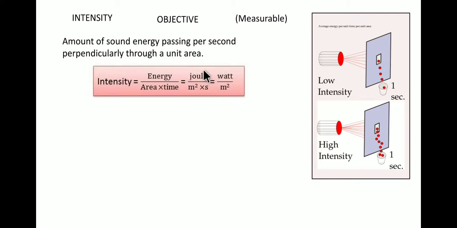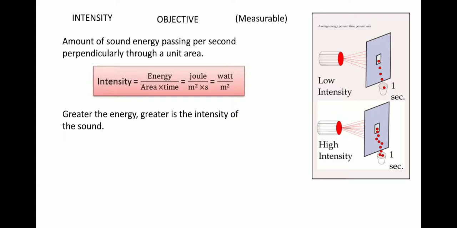Now we know that joule per second is represented as watt, and meter squared is there in the denominator. So intensity is in short represented as watt per meter squared. So the greater the sound energy, the greater will be the intensity of the sound.